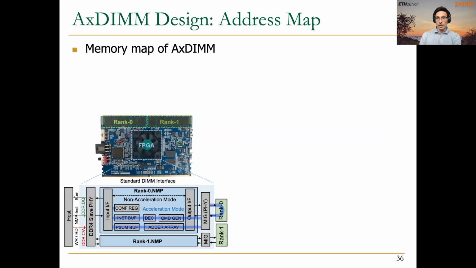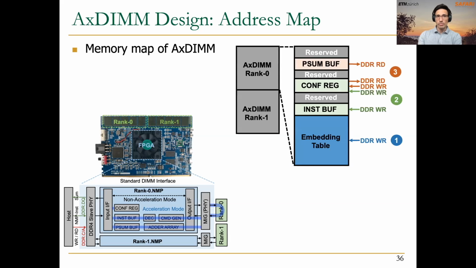The way that the host processor can access these different registers that the near memory processing unit contains, and also the memory ranks, is with its own memory mapping, this address map, where there are some reserved addresses, but then there are also addresses to access the PSAM buffer registers.